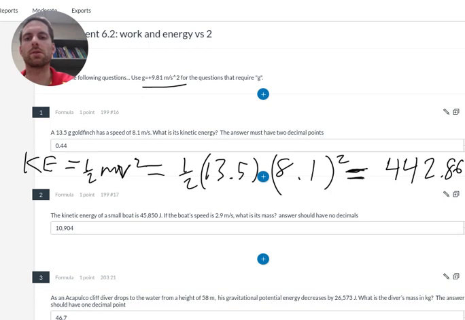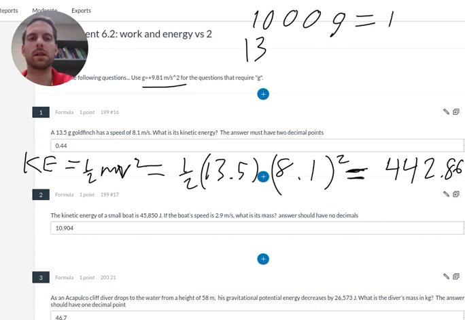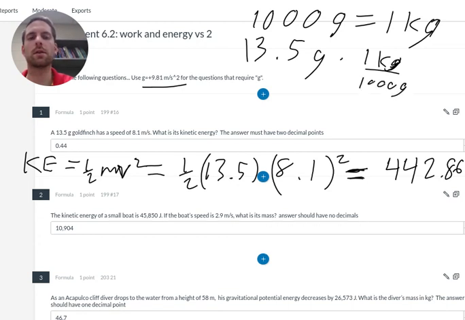That's in grams. So we know that 1,000 grams equals 1 kilogram. So if I want to convert 13.5 grams to kilograms, I do 1 kilogram over 1,000 grams.